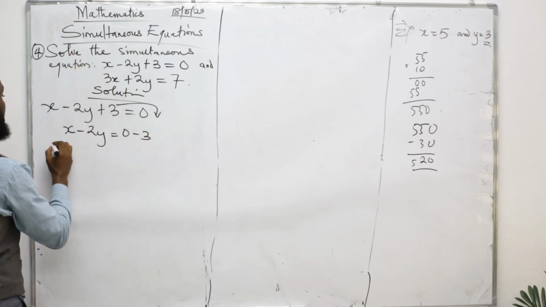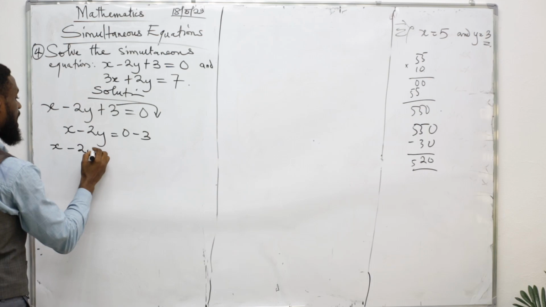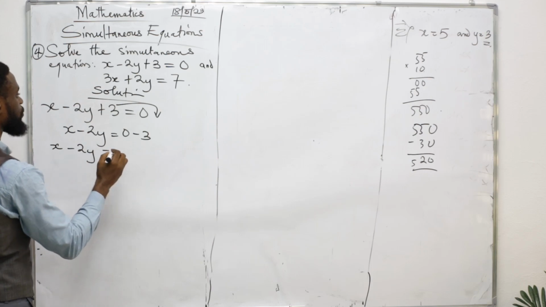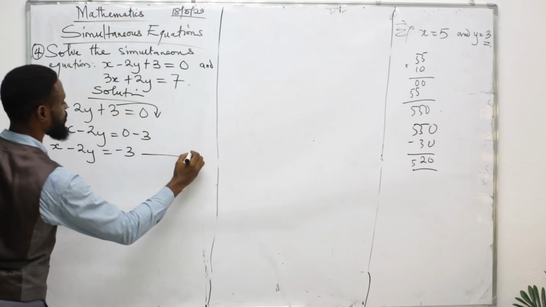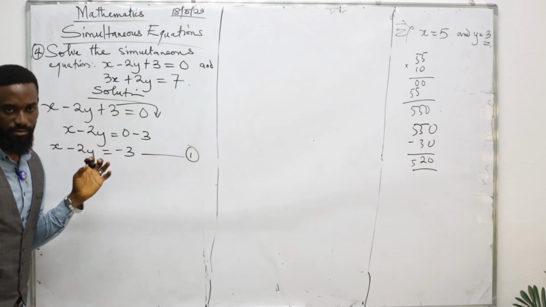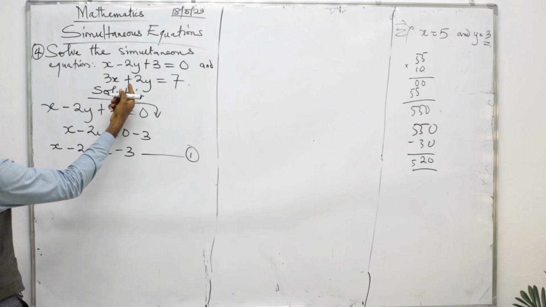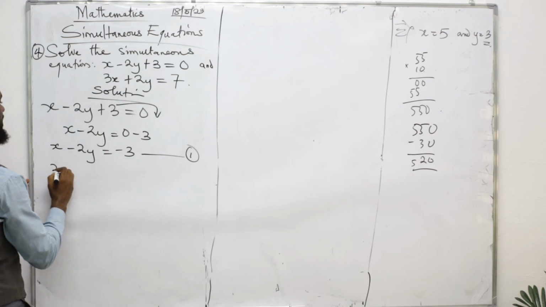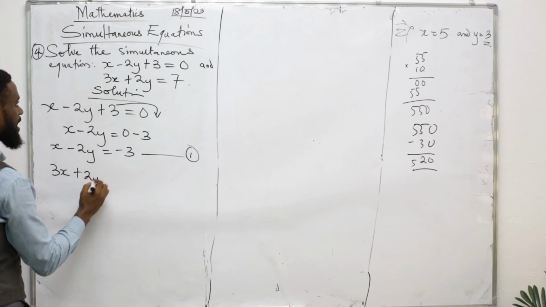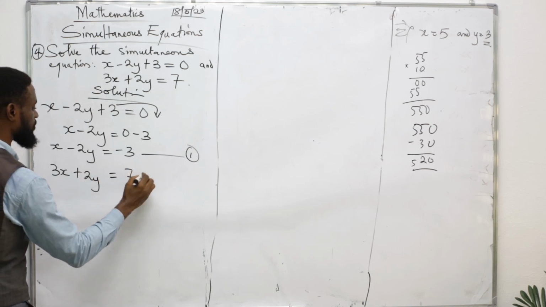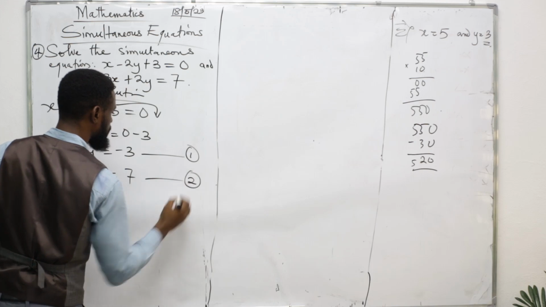So our first equation will be x minus 2y is equal to minus 3. So this is our equation 1. Just get that. Okay? Then equation 2 is already simplified there: 3x plus 2y is equal to 7. This is our equation 2.